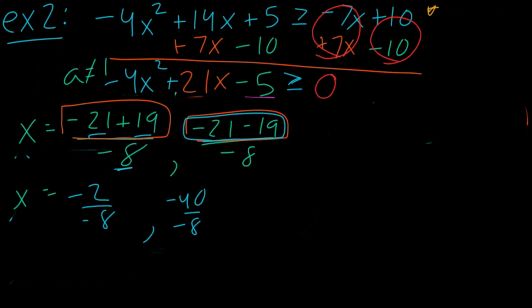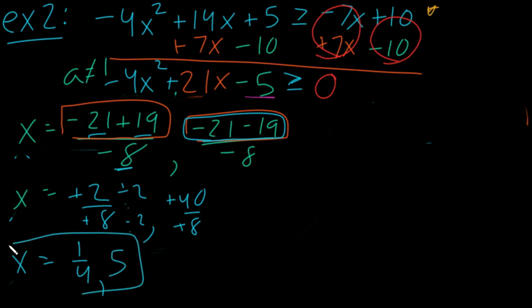Now we know that in both cases, a negative divided by negative is a positive, so let's just go ahead and change that right there. And then we know that 2 over 8, well, both of those can be divided by 2, so that can reduce to 1 over 4, comma, and what's 40 divided by 8? Well, that's 5. Okay, so I have my two solutions, or I'm sorry, my two zeros.